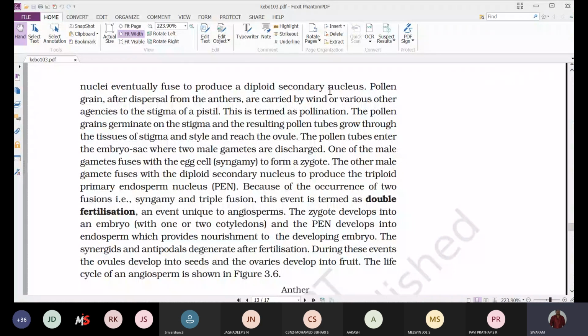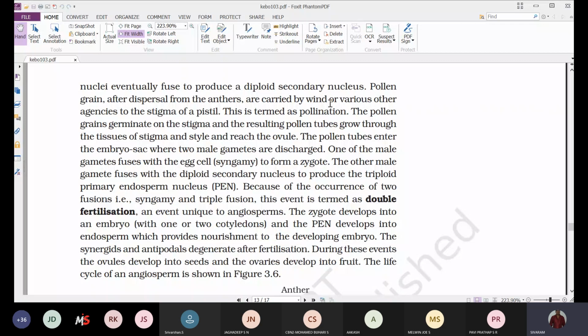And next, the pollen grain. The pollen grains are developed inside the anther. After the anther matures, the anther bursts open. That means the anther is broken down and releases the pollen grains outside.